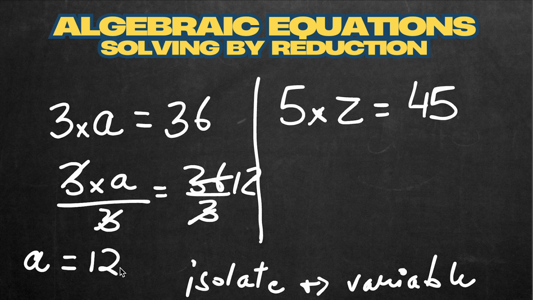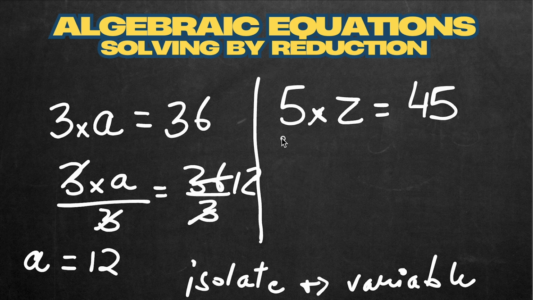Makes sense? Let's try one more together. As you see here, 5 times z is 45. Out of our memory we know, yes, 9 times 5 is 45, so we can just replace it. But the way of solving an equation does not allow that. So what you need to do is get rid of this 5. Now 5 is a multiply here, so I do the opposite action, which is a divide.